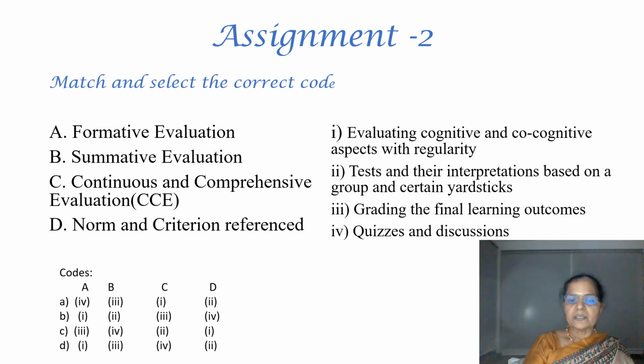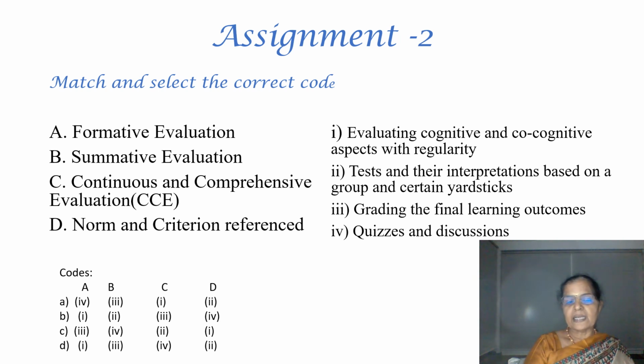And the tests are conducted with regularity. This word suggests that it is continuous, evaluating the cognitive aspects and co-cognitive aspects with regularity. That describes continuous and comprehensive evaluation. So C with the first statement.